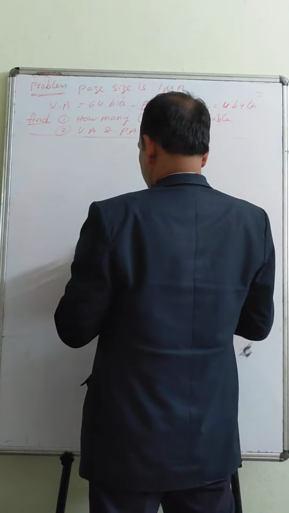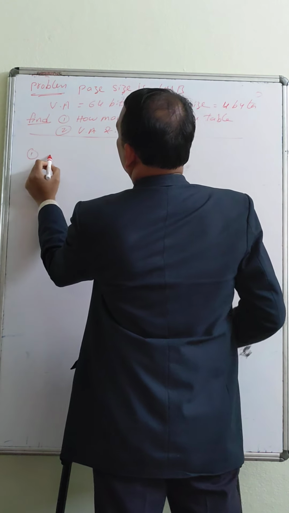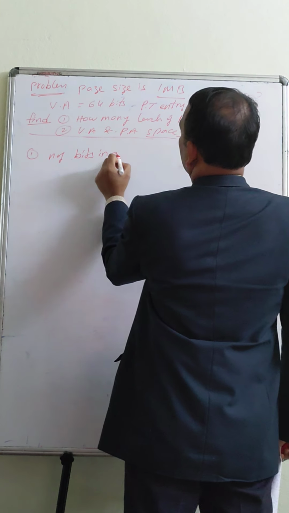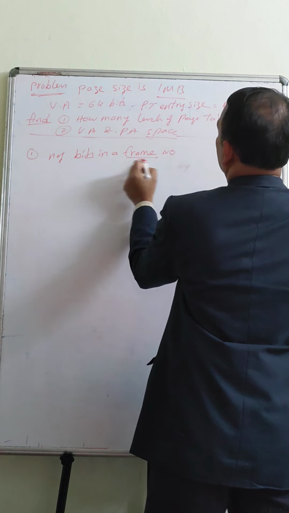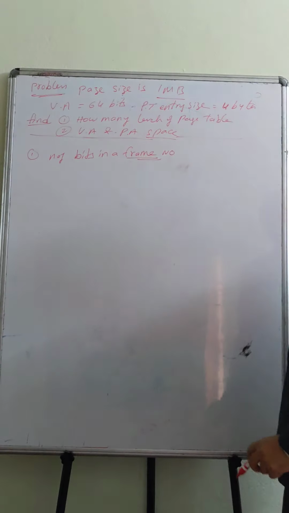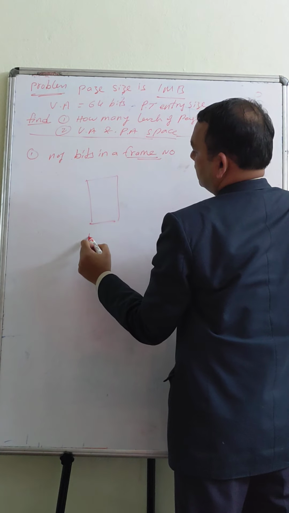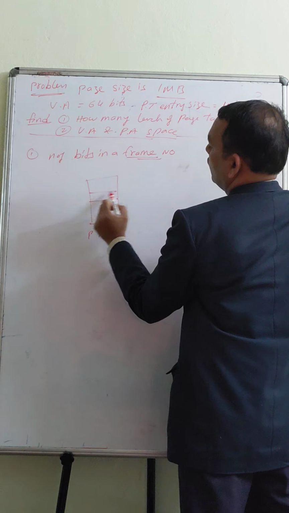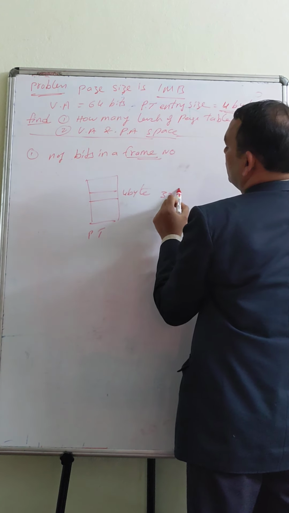So now let us calculate the number of bits in a frame number. Now if you see here, page table entry size is 4 bytes. It means 32 bits.